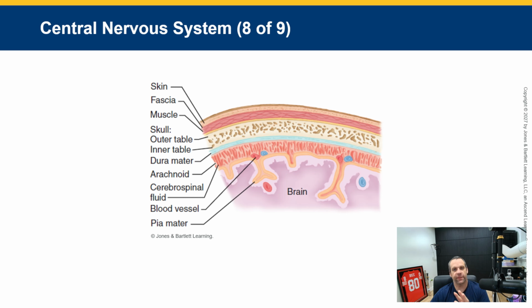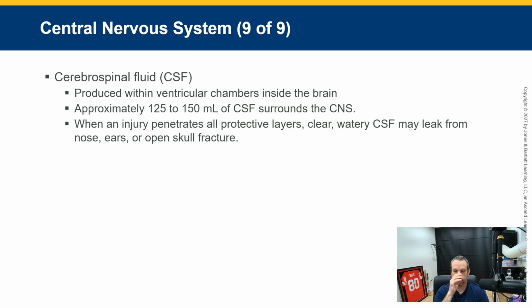Now, once again, the relationship between these layers is very important, because the brain is separated from the skull by several protective layers and that cerebral spinal fluid. So when trauma damages a blood vessel, the location of the bleed within those layers helps determine the type of injury and how quickly that patient can potentially deteriorate.